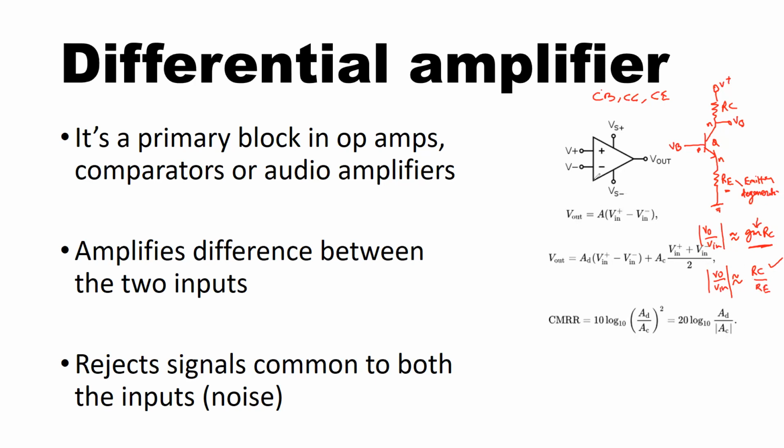Now, coming back to our discussion, we are talking about the differential amplifier. Instead of a single input, now we will have two inputs. So what you see here, we have V plus and V minus, which are applied to the positive and the negative pin of this amplifier with a gain A. The Vs plus and Vs minus are the positive and negative supply voltages, and Vout is the output of this amplifier.